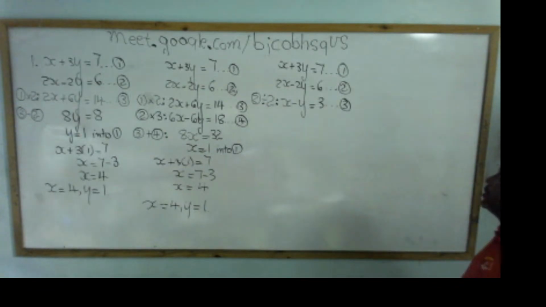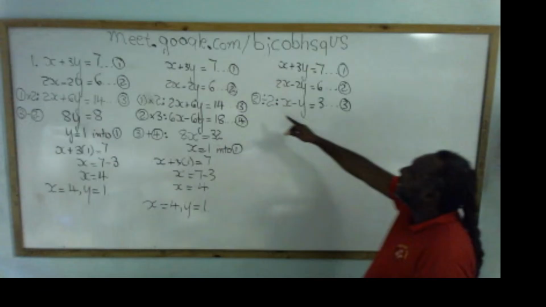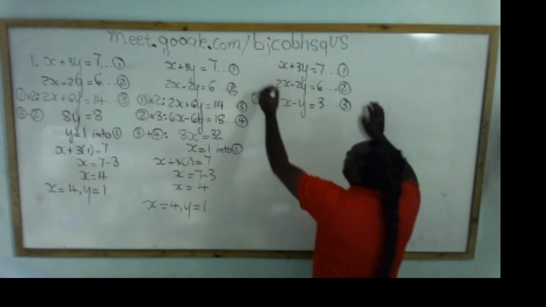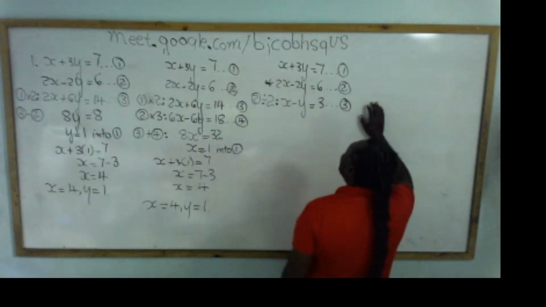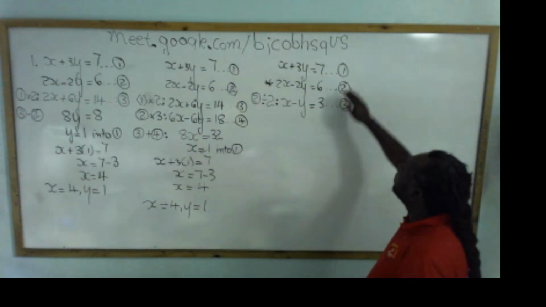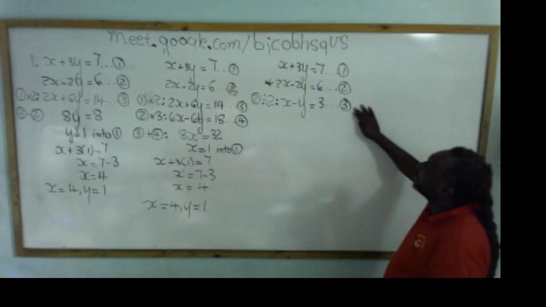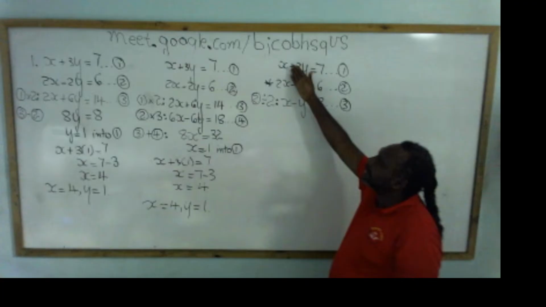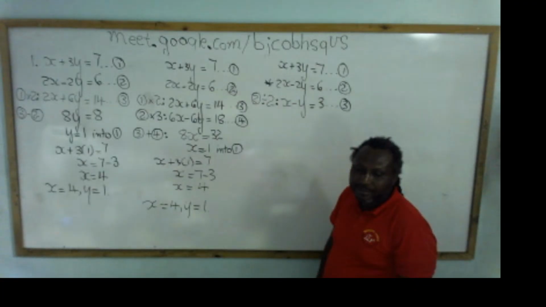Now, do not forget that we have manipulated equation 2 here. So equation 2 is the one that we are using. So equation 2 is out of it. So the equations that are left in the system will be equation 1 and equation 3. And notice that we do not have additive inverses anymore. The x's are exactly the same.